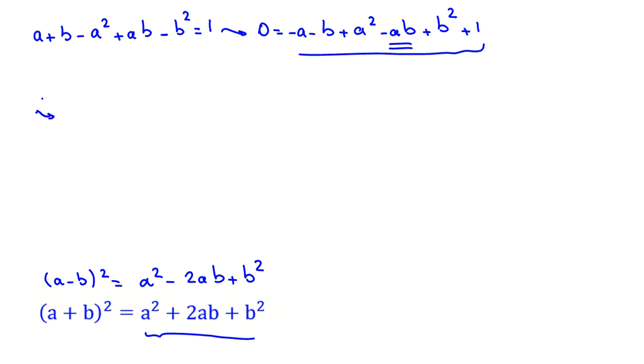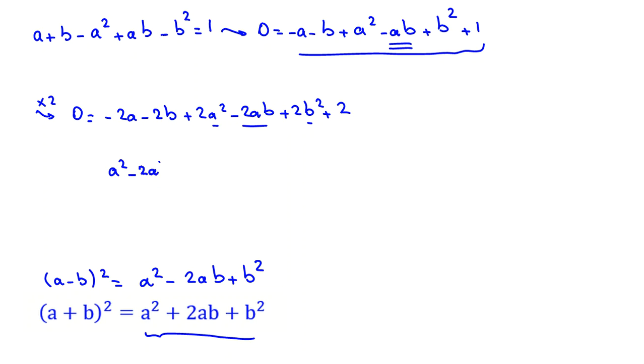So I multiply both sides by 2: negative 2a, negative 2b, plus 2a squared minus 2ab plus 2b squared plus 2. At first, we consider 1 a squared, 1 negative 2ab, 1 b squared. I write them like this: a squared minus 2ab plus b squared.